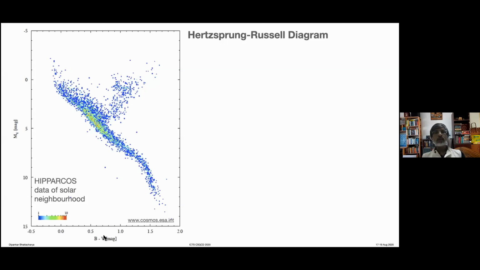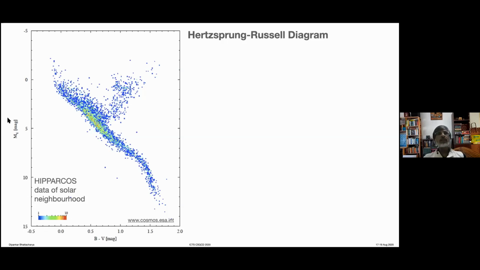Once you take a logarithm of intensity, then with certain units, we call this magnitudes. So B minus V in magnitude is just the ratio of intensity that we record through the blue filter and the visible filter. So this gives you an estimate of the spectral shape. So we call it color.